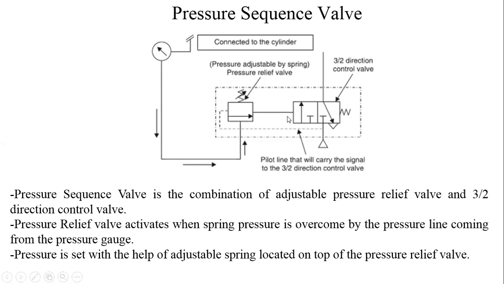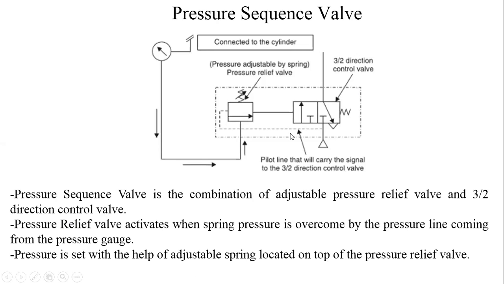Since the left position is activated, the signal will pass through this port, be connected to this side, then to this line, and then go here. Right? So what will happen? If the signal goes to this side, it means the signal is given to the cylinder that the retraction stroke or return stroke should be started.